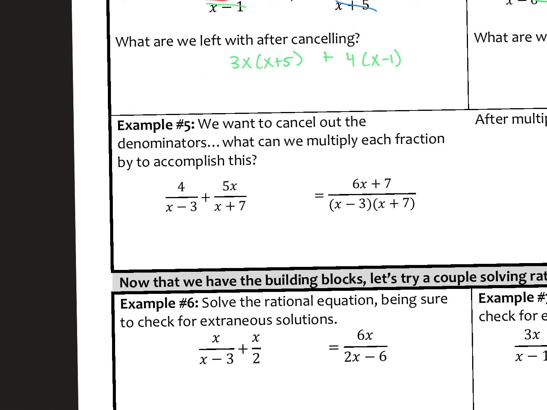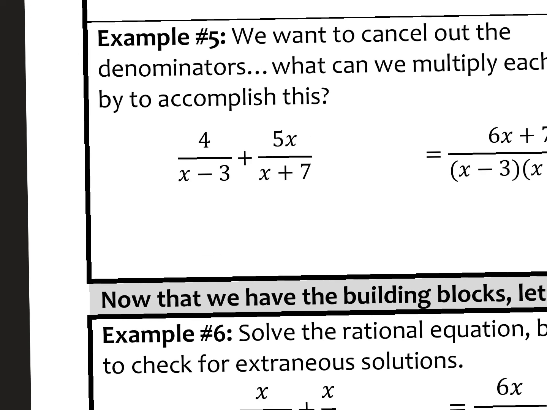So if we look at this, and we want to simplify this expression, we're adding two rationals. And if we were to add two rationals, remember the thing to do would be to multiply by the other, right? So we're going to multiply this one on the left times x plus 7.